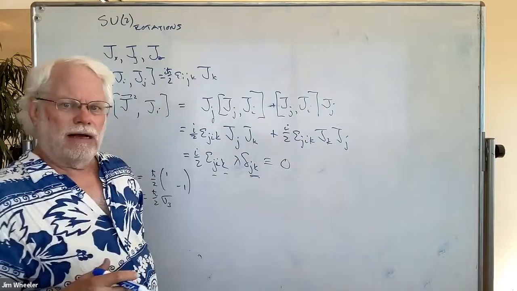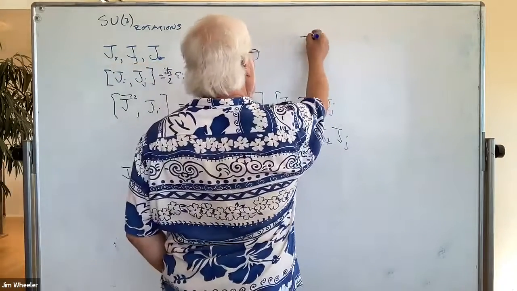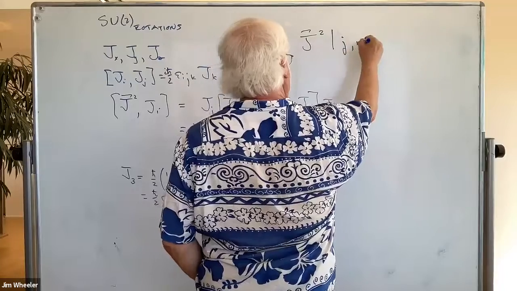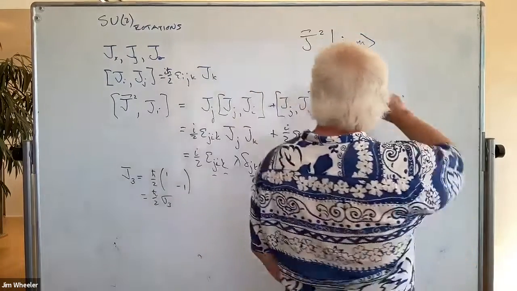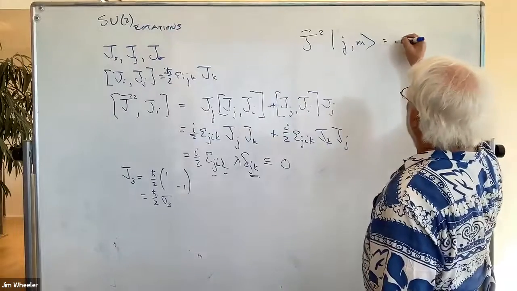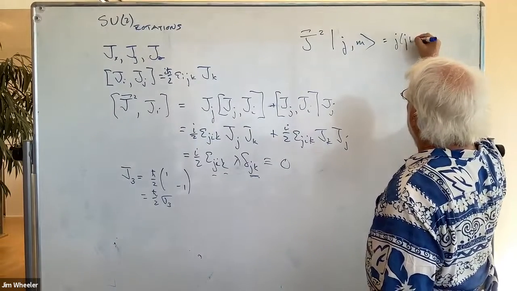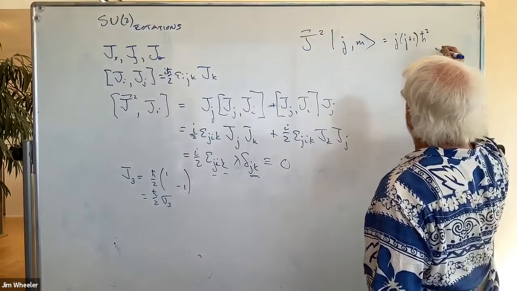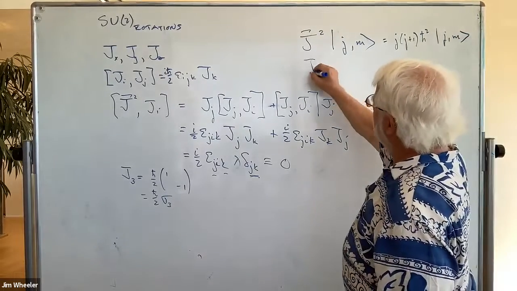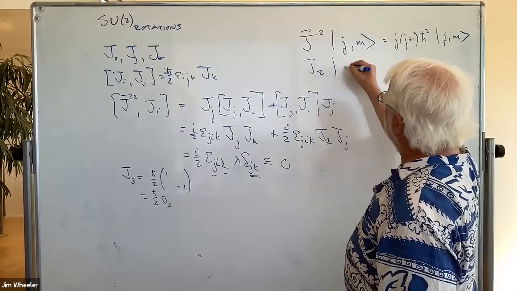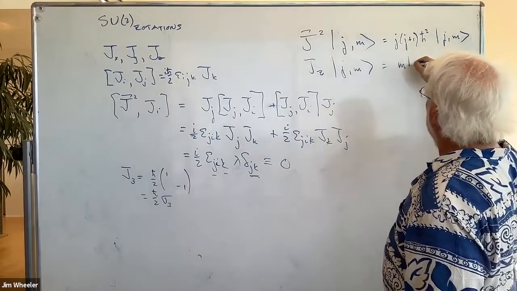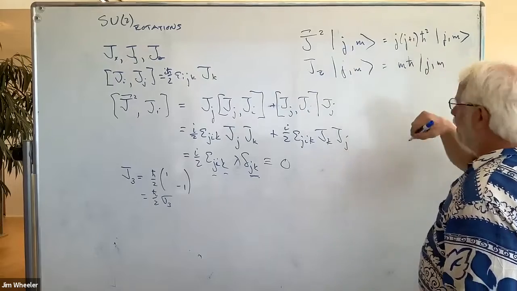So we have two diagonal operators, and so we label states by eigenvalues of the two diagonal operators. So here we get j(j+1) ħ² times |j m⟩, and J_z acting on this |j m⟩ is m ħ |j m⟩.